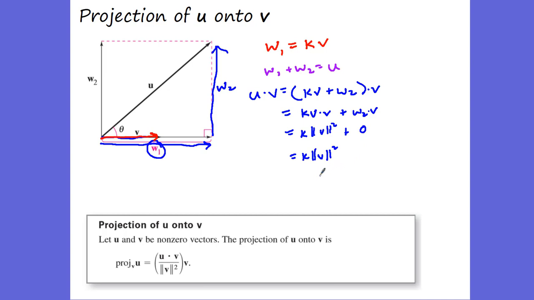And I hope you can see this value right here, if this is equal to u dot v all along, if I divide, that equals this k right here. And that equals this equation down here, which we call the projection of u onto v. The projection of u onto v is u dot v, what we have here, divided by the magnitude squared, times your vector v.